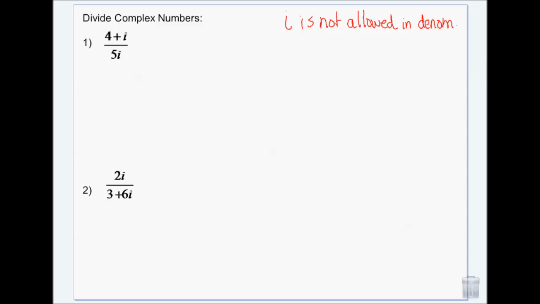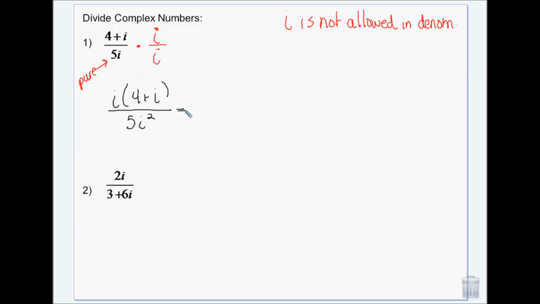So when you have a pure imaginary number, you just multiply the top and the bottom by I. And what I get then, when I multiply these, I'm going to get I times 4 plus I, and then I'm going to get 5I squared.